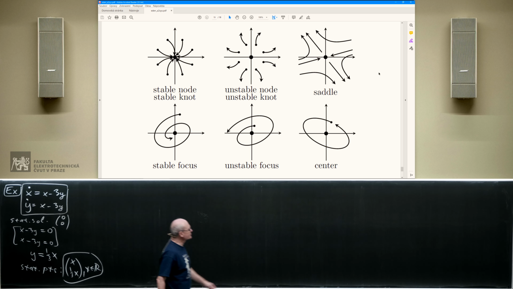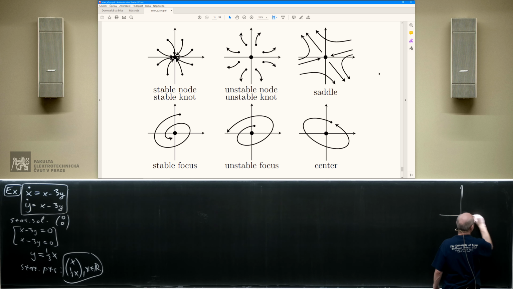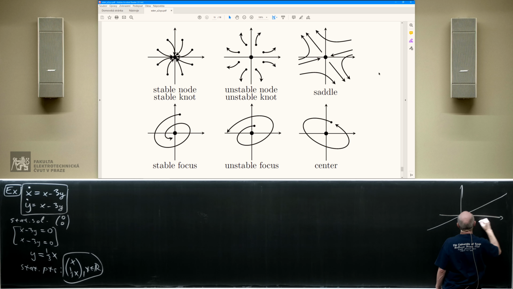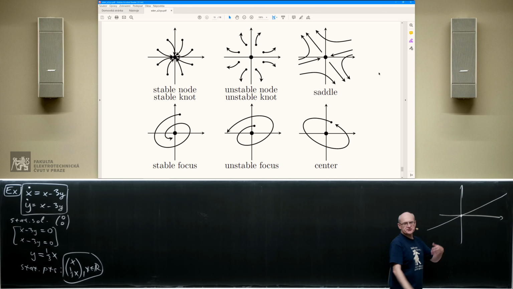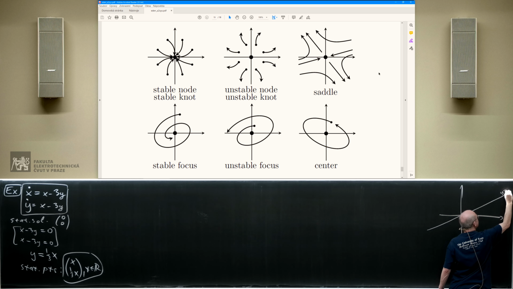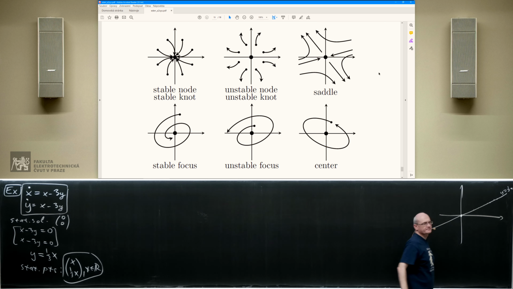Now let's put them on the board. Here is the trivial stationary solution, and all of them are along this line, y is equal to 1/3 x. These are all stationary points. Interesting.